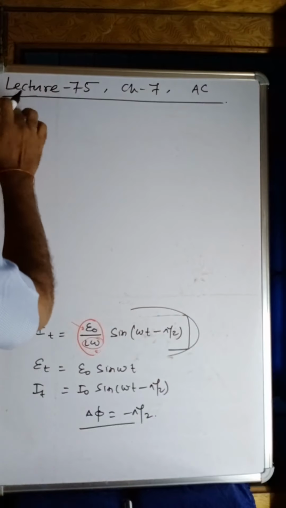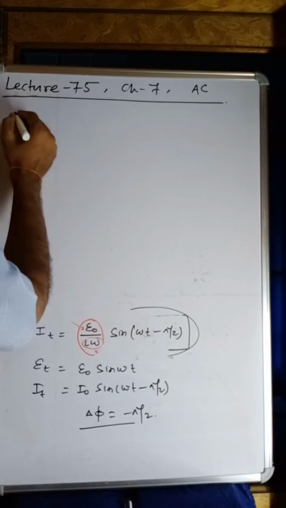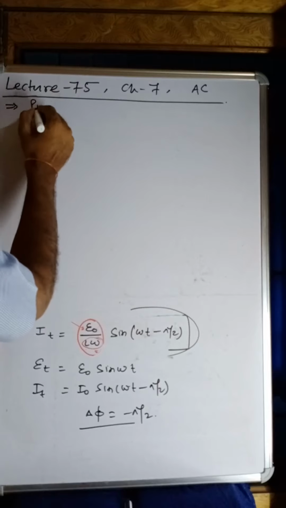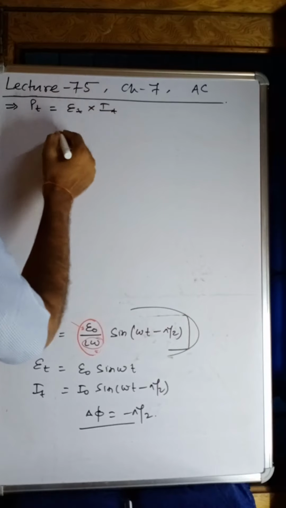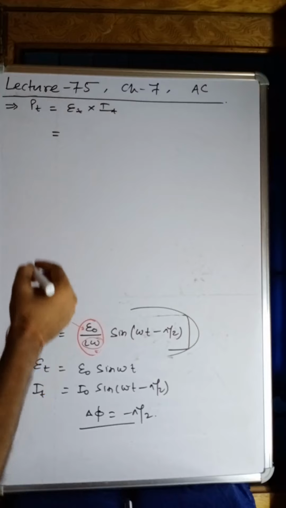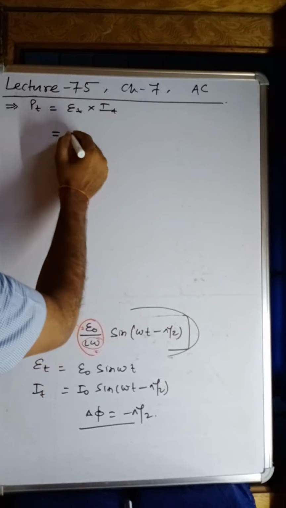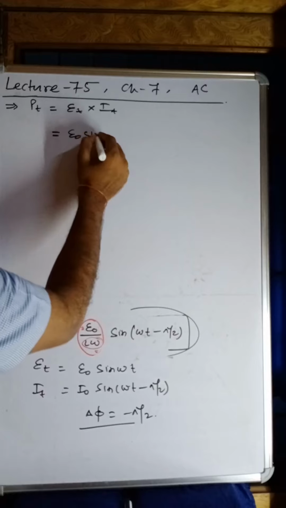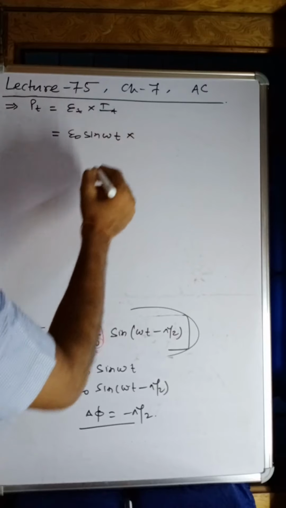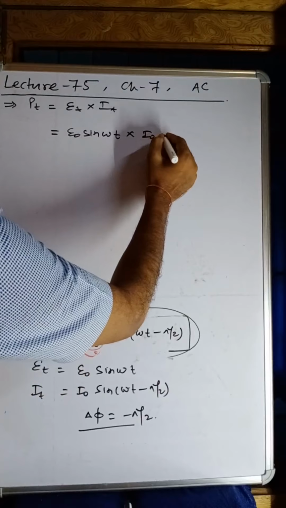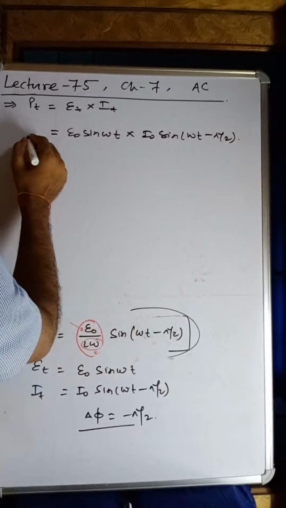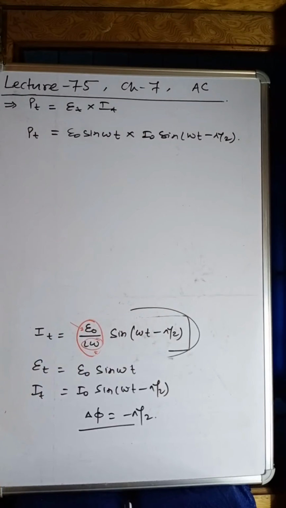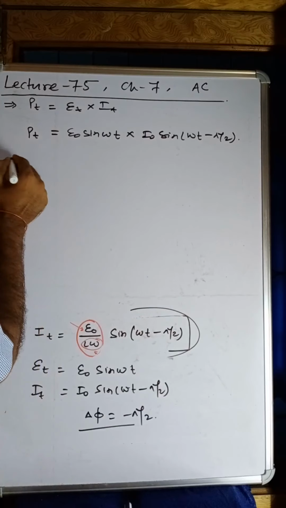Here the instantaneous power PT can be written as Et into It, which is E naught sin omega t and I naught sin omega t minus pi by 2. This is PT, or you can write it in terms of cos also.